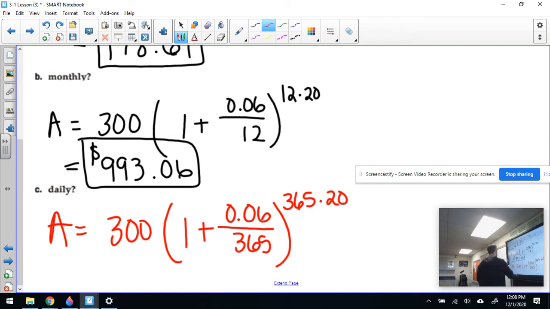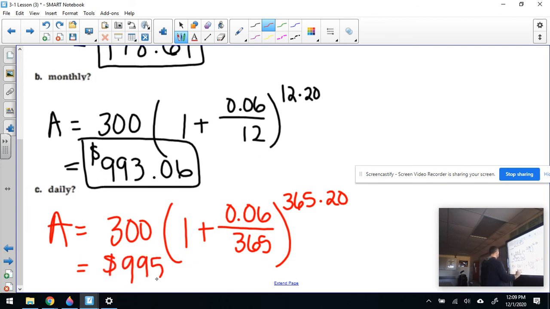Now you're probably thinking it's going to be a big jump, right? We do this, and we end up getting 995.94. So the difference of compounding once a month versus every single day is only a difference of less than $3 in the end in 20 years.